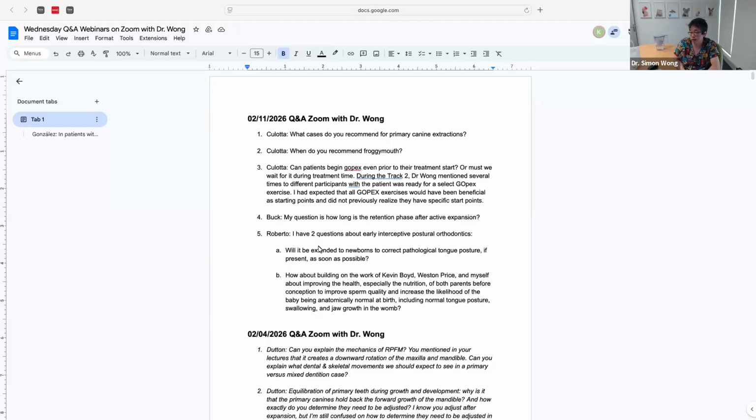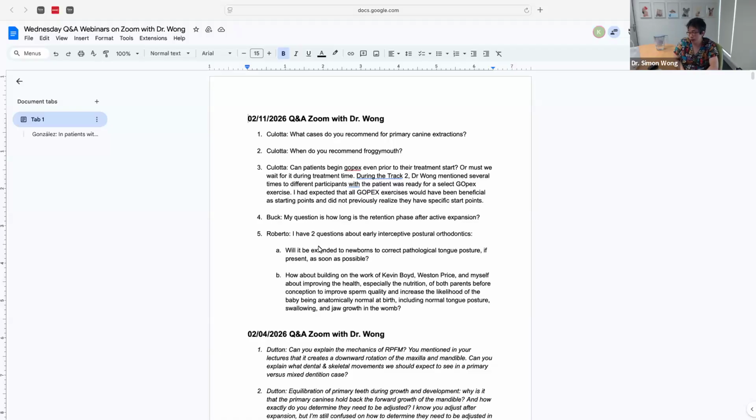In those circumstances, when this is evaluated radiographically and predetermined that there are going to be issues with this, then primary canines are extracted to create an open channel and hopefully direct the permanent canines into place.